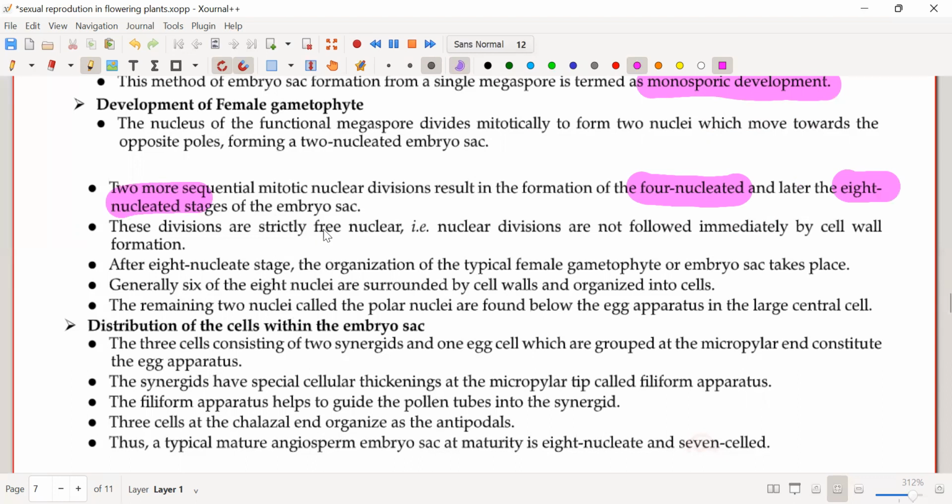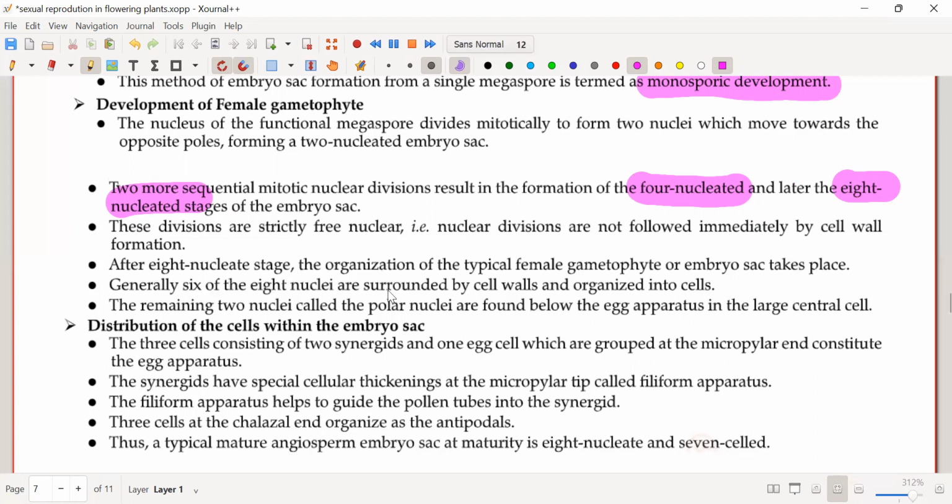These divisions are strictly free nuclear; nuclear divisions are not followed immediately by cell wall formation. After the 8-nucleate stage, the organization of the typical female gametophyte or embryo sac takes place.